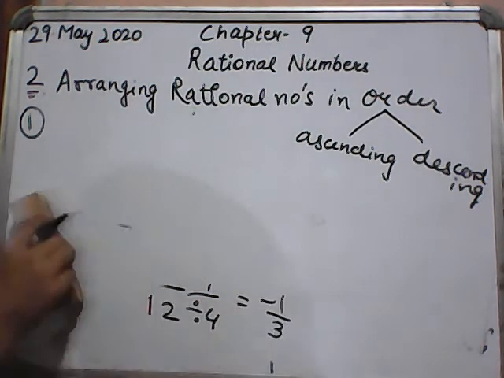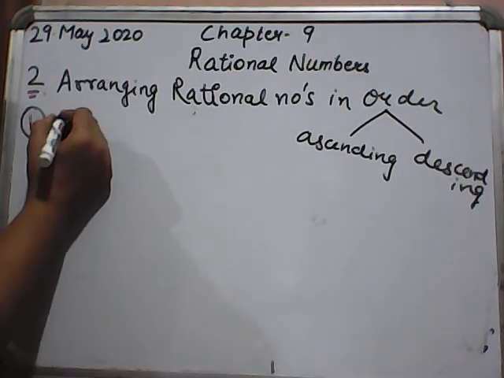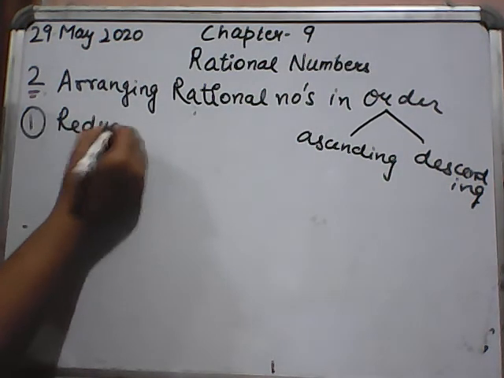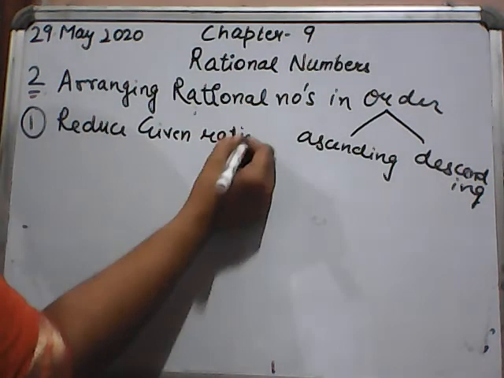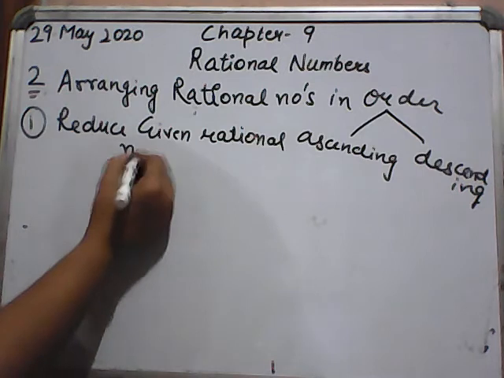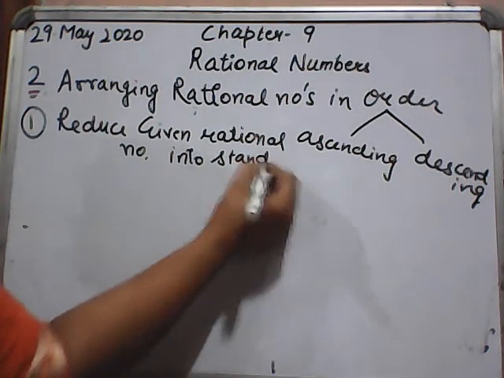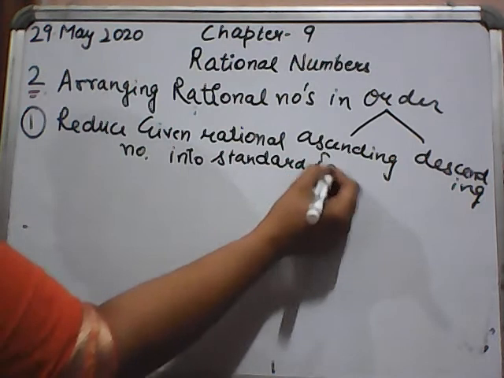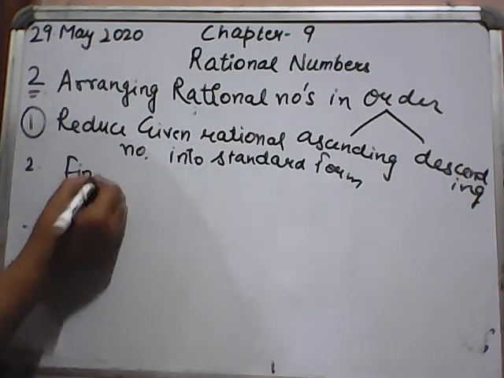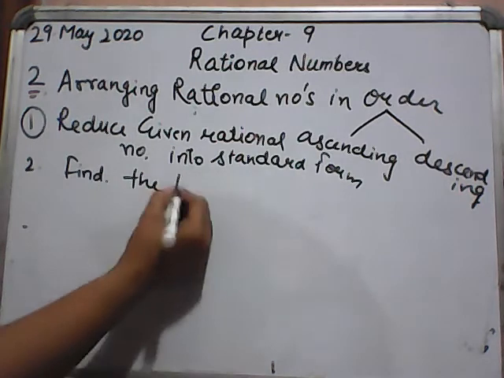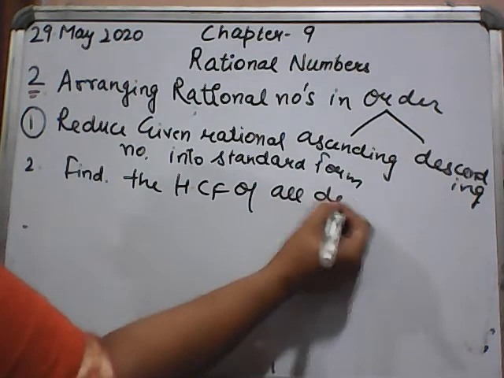For arranging rational numbers in order, first step is reduce given rational numbers into standard form. Second step is find the HCF of all denominators.